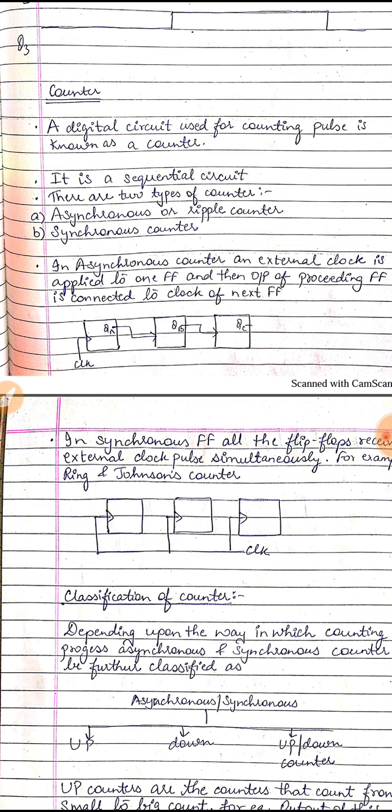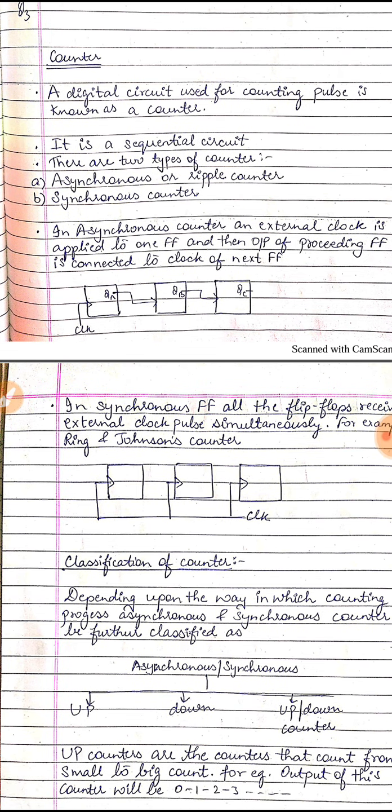So first is an asynchronous counter. What is the difference between asynchronous and synchronous counters? As we have learned about shift registers, we used flip-flops in these to store bits of information.